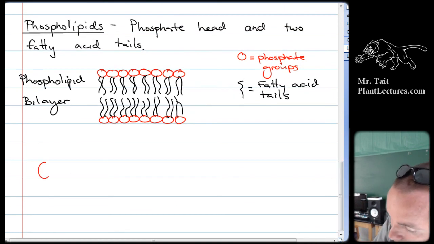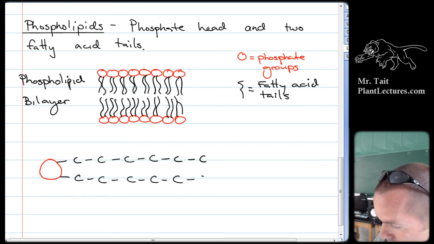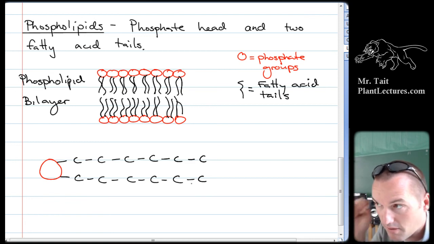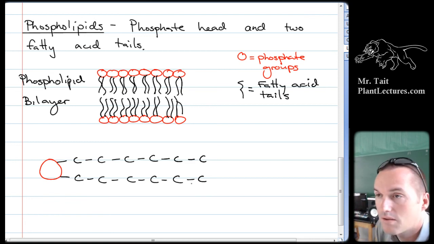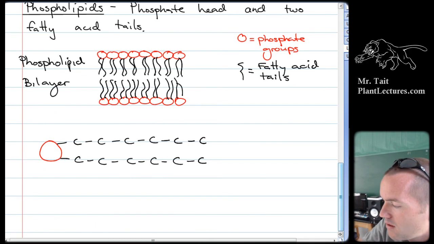So if you have a phosphate head here, and it's bonded to 2 fatty acid tails, this one's totally saturated, right? So it'd be really dense, extremely dense, probably too dense. Okay?